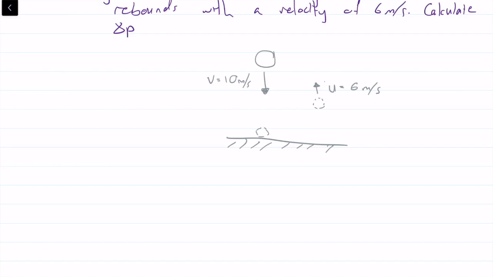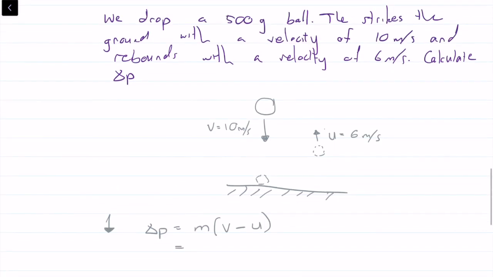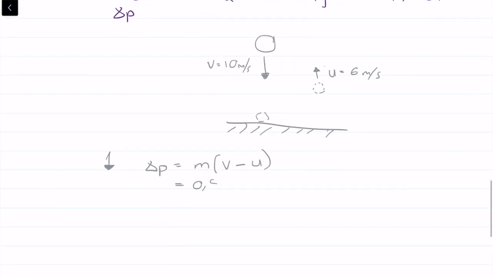So when we want to actually calculate the momentum, our change in momentum is equal to our mass, our final velocity minus our initial velocity. Okay, now the question is, what direction do we take as positive? So we can pick, let's take downwards as being the positive direction. Then we have 500 grams, which is 0.5 kilograms.